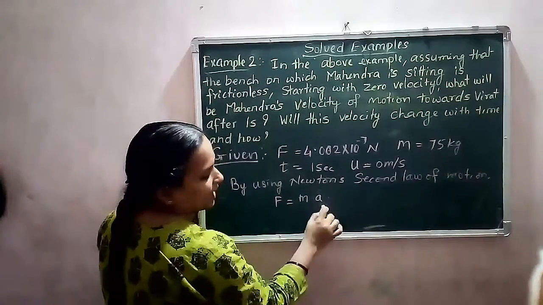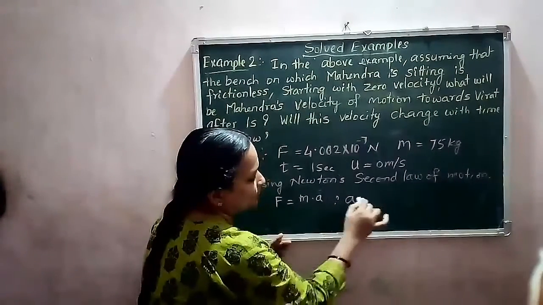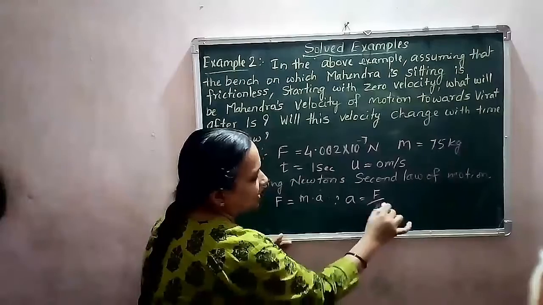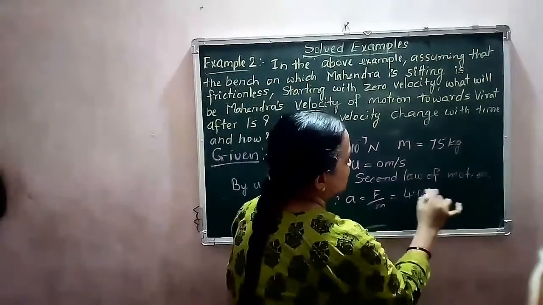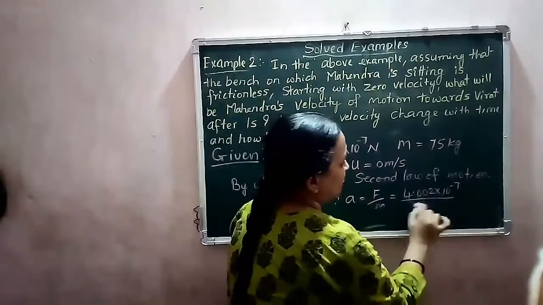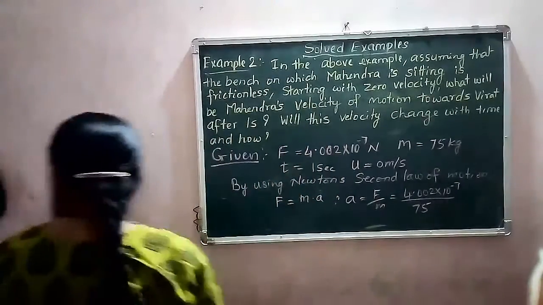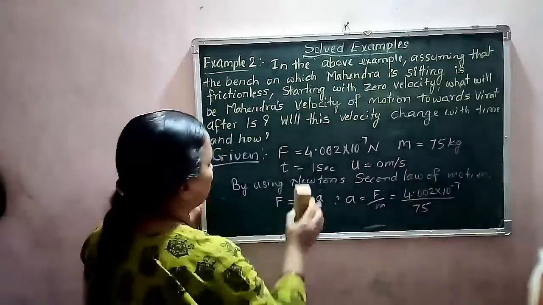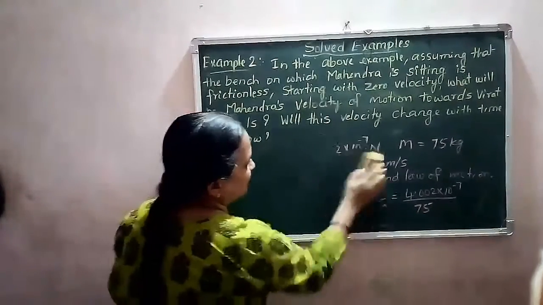Acceleration A is equal to F upon M. What is F? 4.002 into 10 power minus 7 upon M, which is 75 kg. Simplifying this equation, what are you getting? We are simplifying this one.